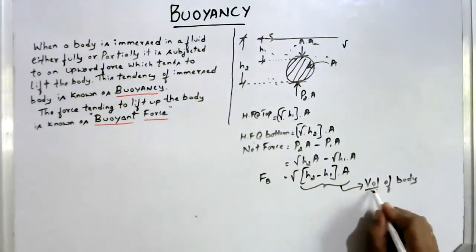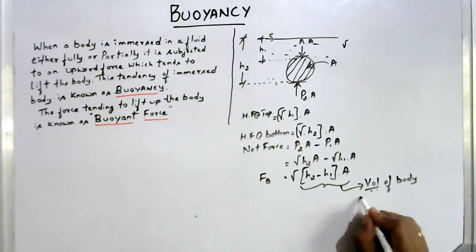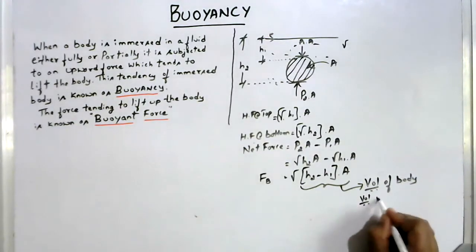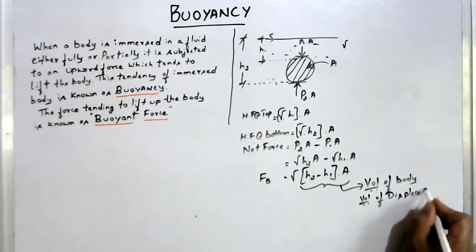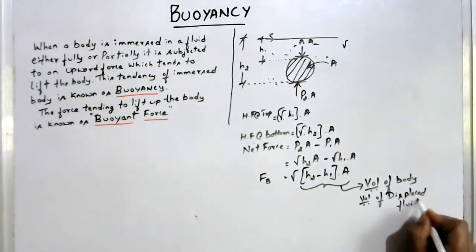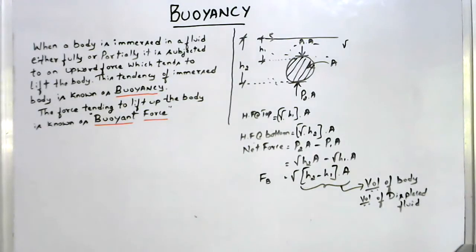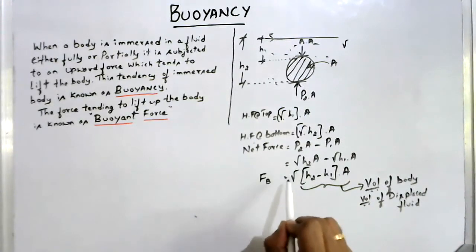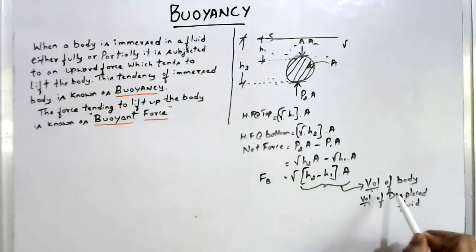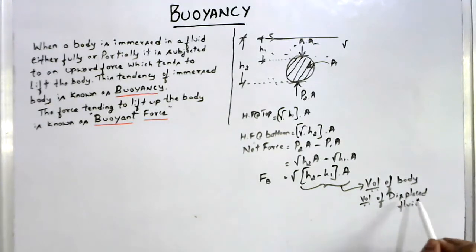So therefore, this volume of the body is nothing but the volume of displaced fluid. So therefore, the buoyant force is equal to the specific weight of the liquid in which the body is immersed, multiplied by the volume of the body, or the volume of the fluid displaced by the body.